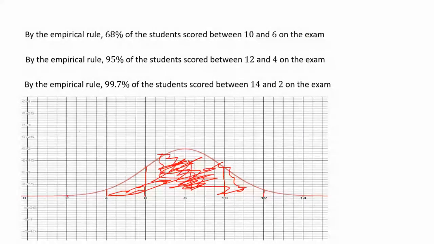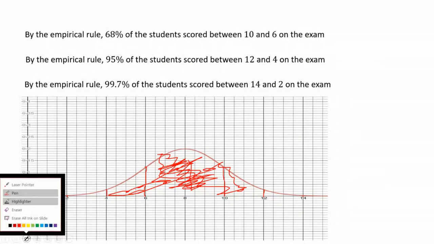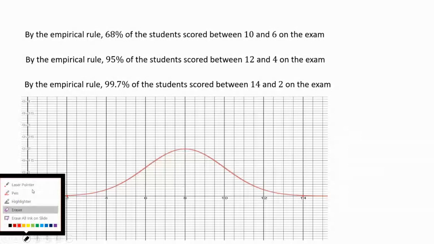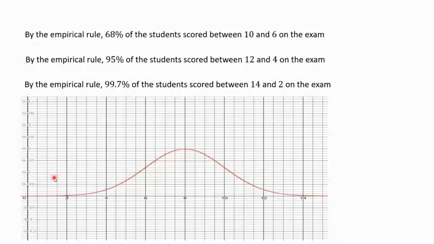Just erase this. But again, what this is saying, a consequence of this actually, is that the further away you get from the mean in either direction, the less frequent the score becomes, the more rare it becomes.